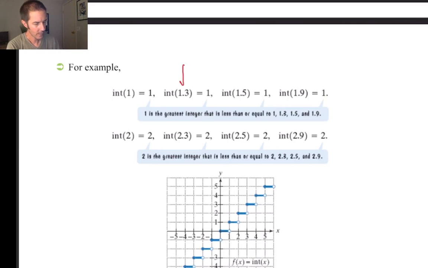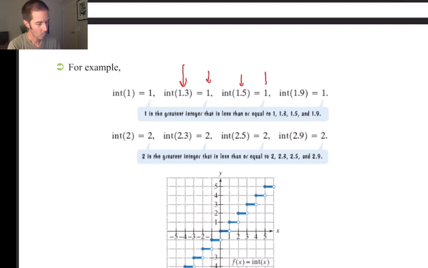What's the greatest integer less than or equal to 1.3? And the answer is 1. What's the greatest integer, the largest integer, less than or equal to 1.5?